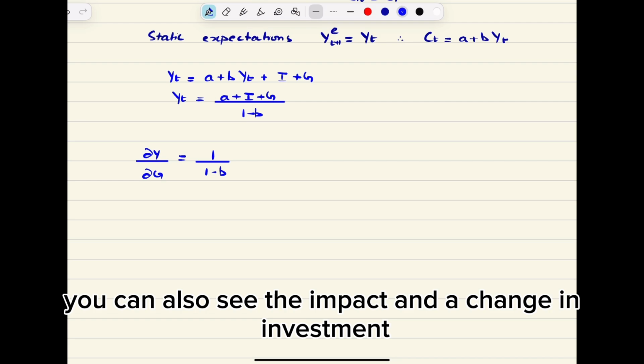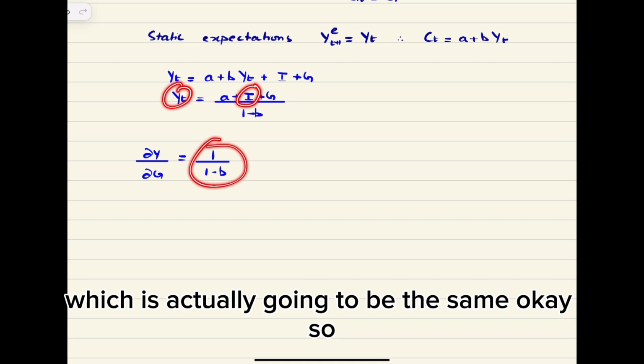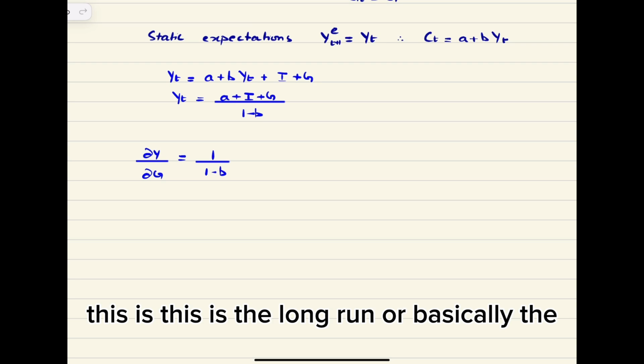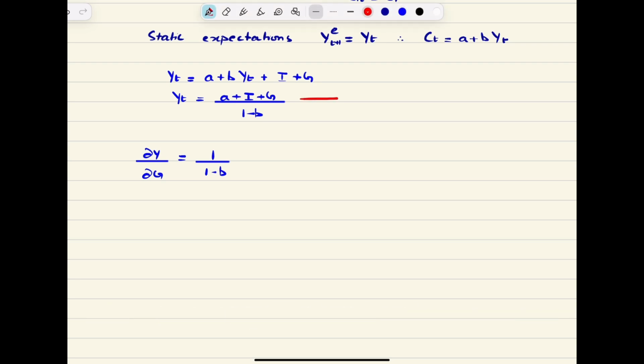You can also see the impact a change in investment will have on output, which is actually going to be the same. Okay, so this is the long run, or basically the equilibrium level of output.